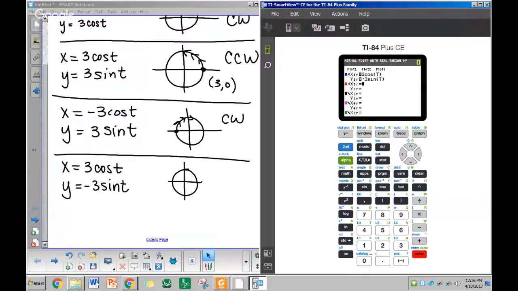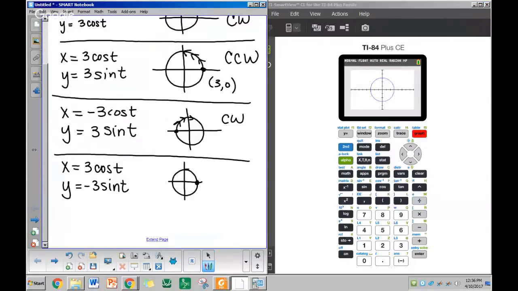Are we paying attention? Ooh, did it start at the bottom? It started on the x-axis on the right side and went down. So this would be counterclockwise. No, that's clockwise, isn't it? Sorry.